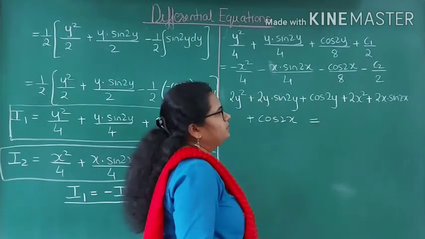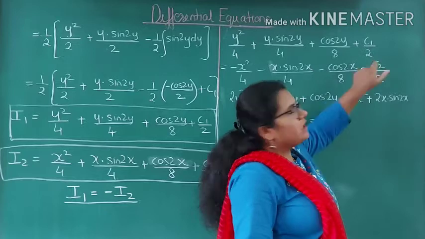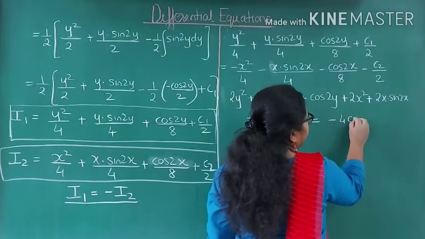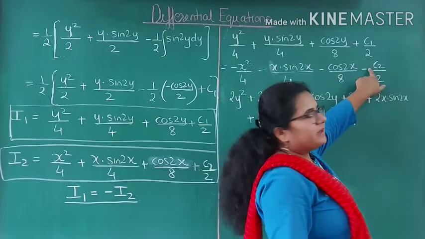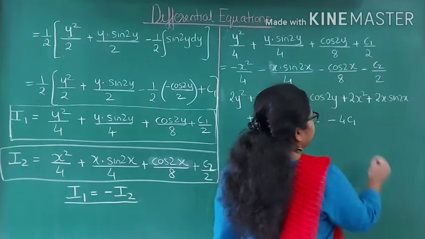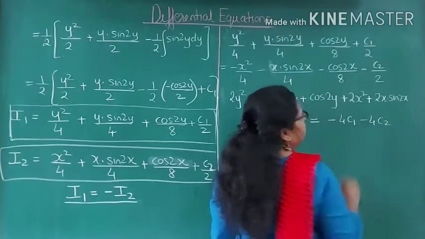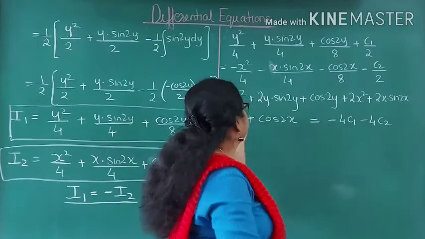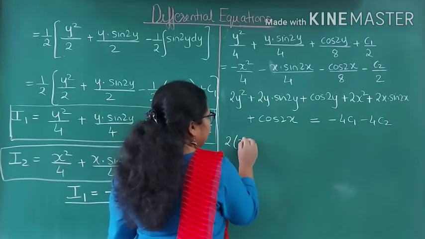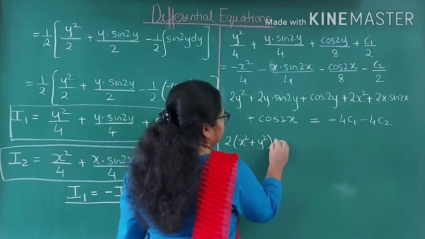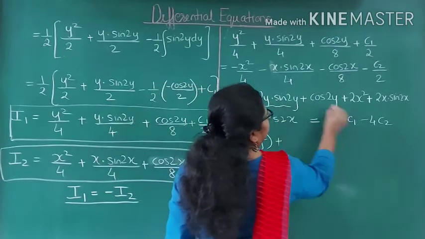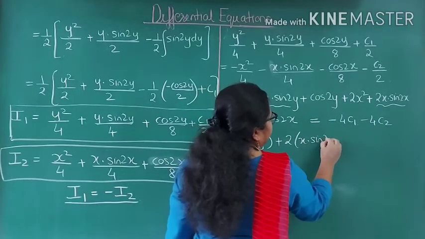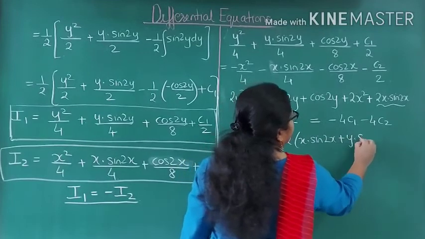Equal to, now c1 upon 2 means it will become 4c1, and if I take it on RHS, it will become minus 4c1. Here also if I multiply by 8, it will become minus 4c2. Yes? Now what I will do? I will just take two terms together, 2x square plus y square. So I will write it as 2 times x square plus y square, plus this term and this term I can take together, 2 into x into sin 2x plus y into sin 2y.